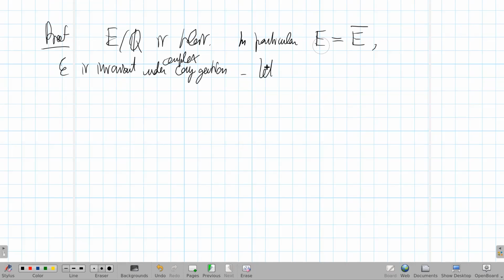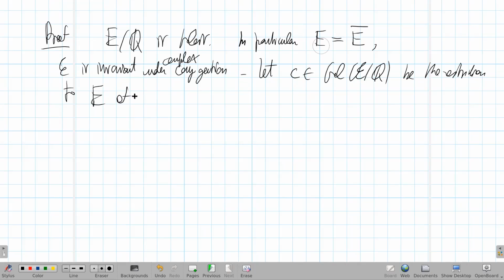So let c, which is an element of this Galois group, be the restriction to E of complex conjugation. This means that if alpha is in E, alpha to the c is simply the conjugate of alpha.